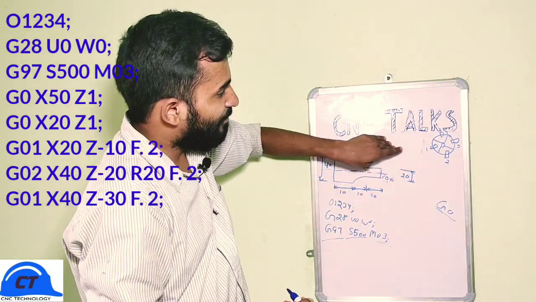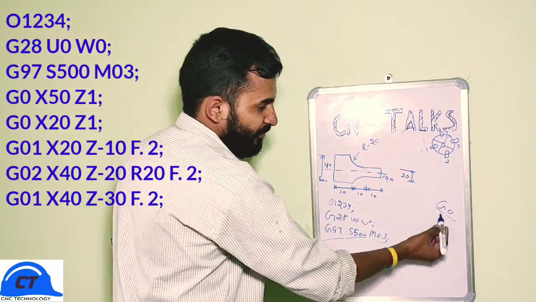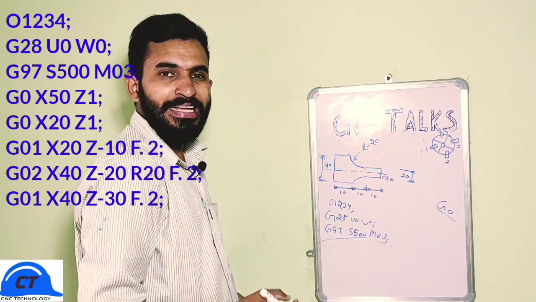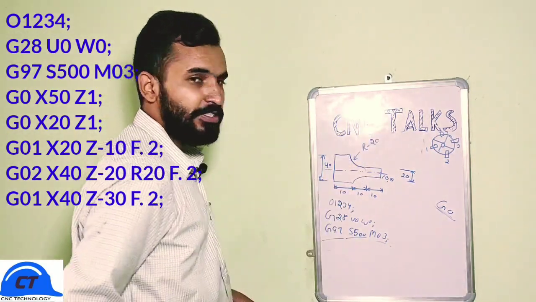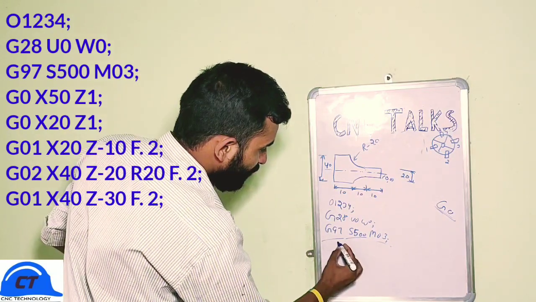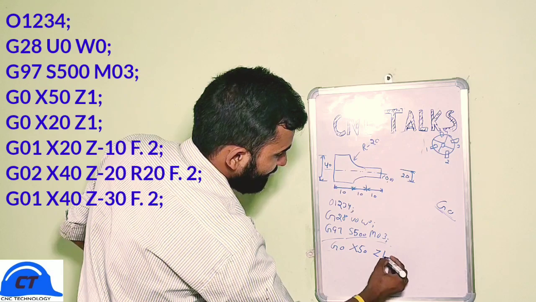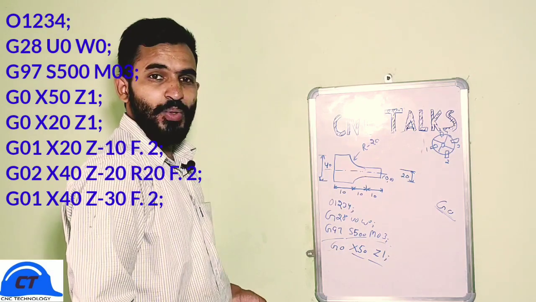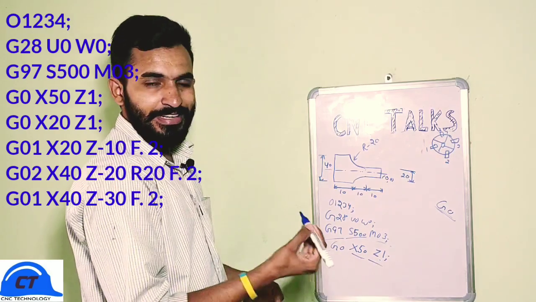Since there is a huge gap between our tool turret and our workpiece, we can use G0 for rapidly calling our tool from our tool turret to anywhere near the workpiece. Also, since this is our origin, we'll use G0, X50 and Z1. So our tool will reach X50 Z1 rapidly.